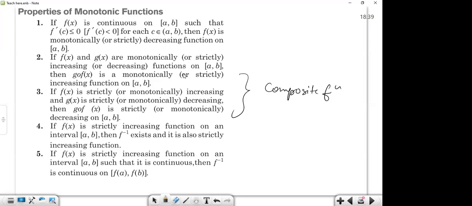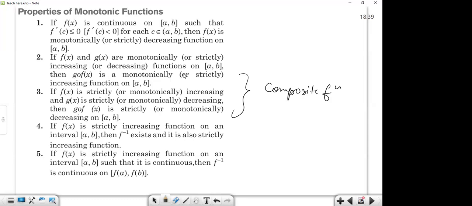If f(x) is a strictly increasing function on an interval, then f inverse exists and it is also a strictly increasing function. If f(x) is strictly increasing and continuous, then f inverse is continuous on [f(a), f(b)].